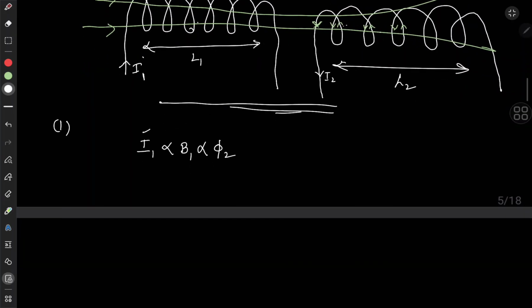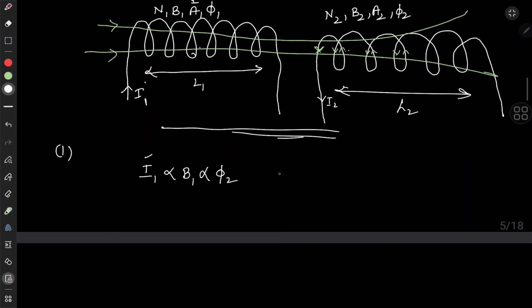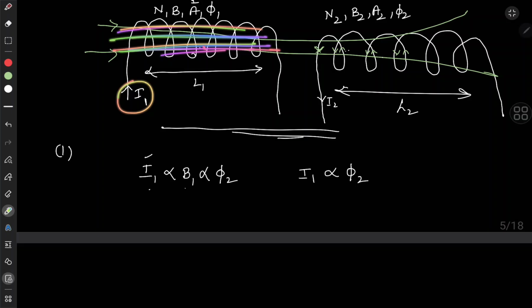Now if you write this, we can write the direct relation. The relation is I1 is proportional to the magnetic flux linking with the second coil. Remember this, I1 is proportional to the magnetic field produced by the primary coil, and this first coil's magnetic field will link with the second coil.